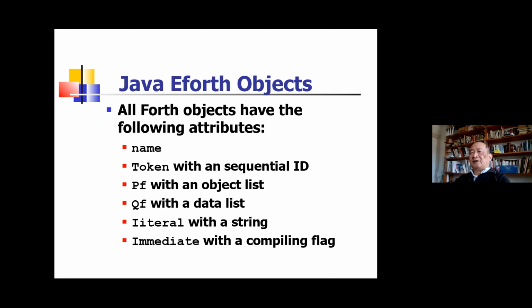The QF field has a data list. The literal field is a place to store a string for string literals. And the immediate field has a flag, which indicates whether Forth is in the compiling state or in the interpreting state.